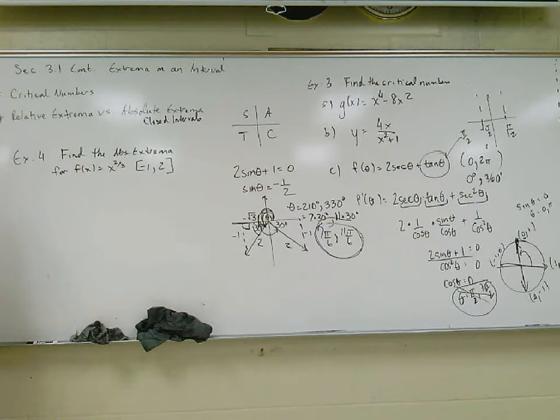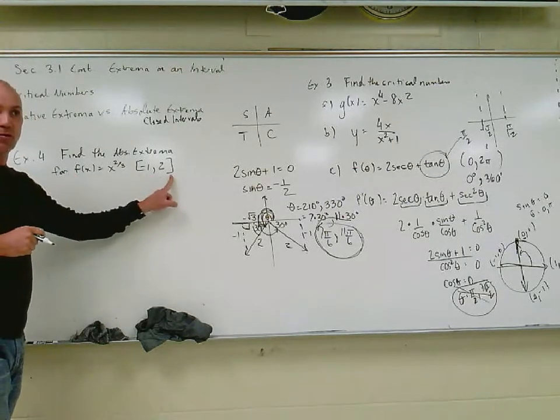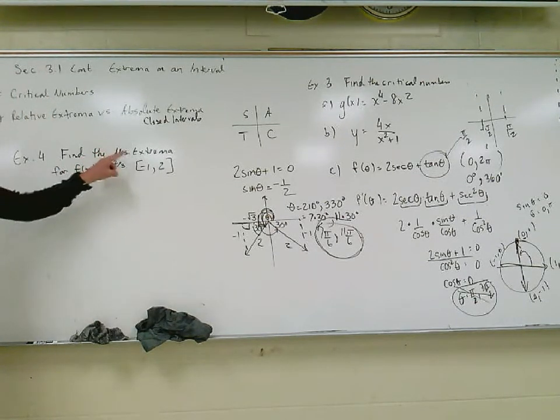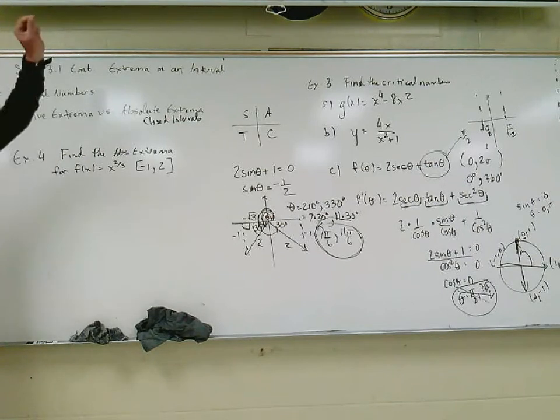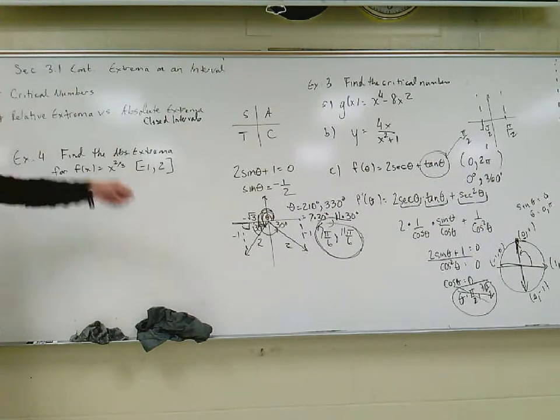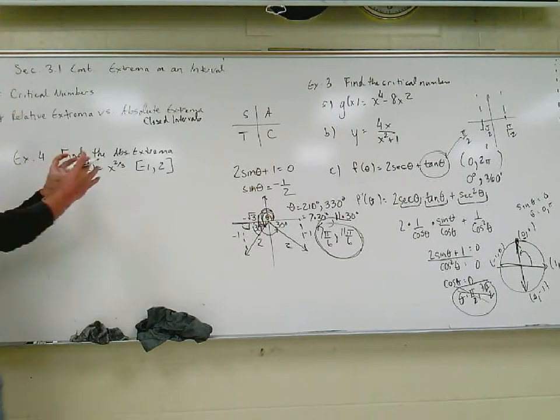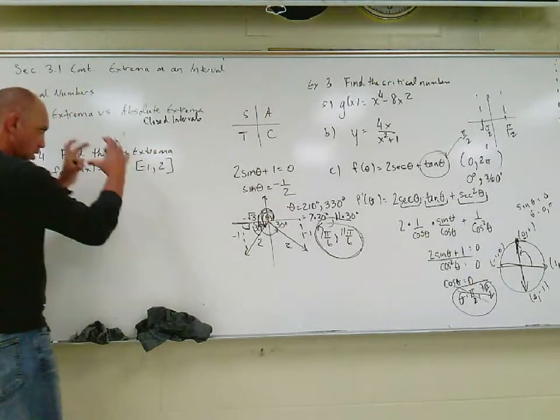So I want to connect what we did Friday with what we're doing today. So when I'm on a closed interval, remember I'm looking for the blank point and the blank point. What am I looking for? So if I'm looking for absolute extrema, I'm looking for the highest point and the lowest point, not necessarily peaks or valleys, because it's just in this box, this closed window.